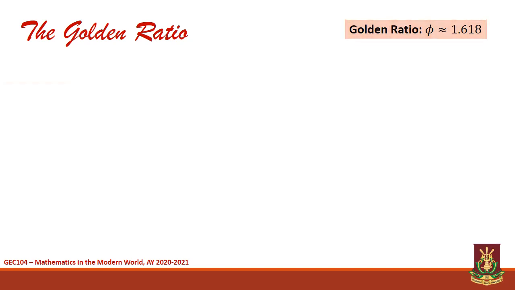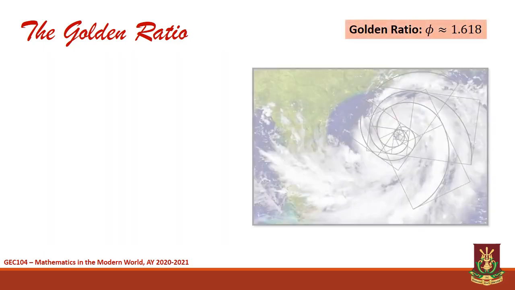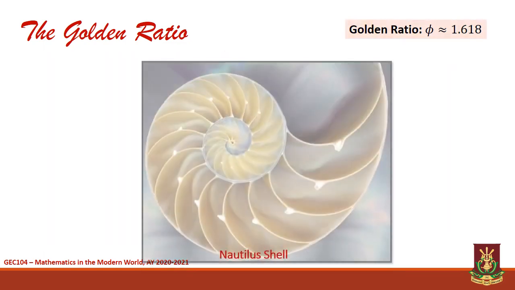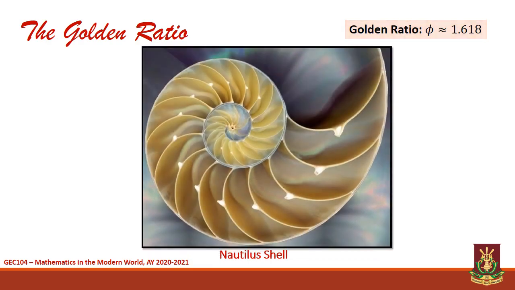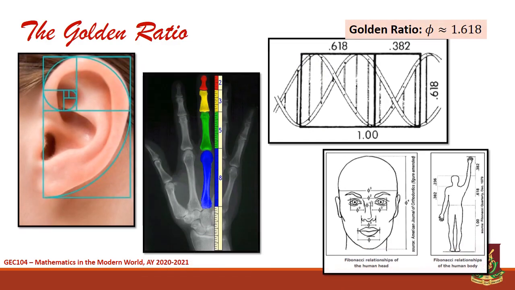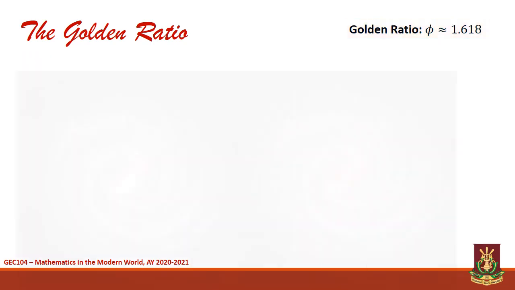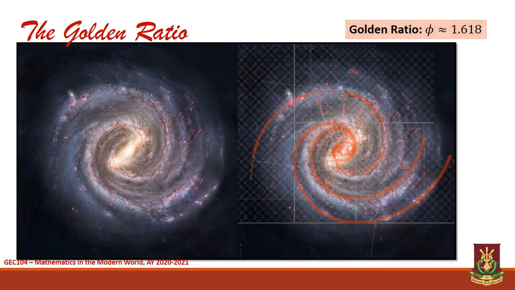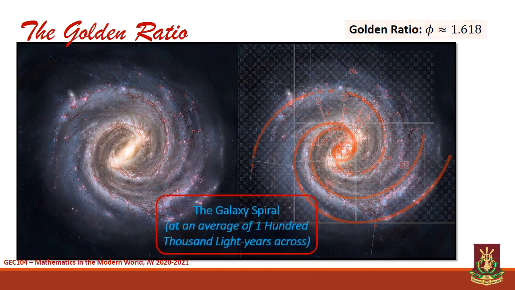Other notable examples are the waves in the ocean, the weather systems, and especially the Nautilus shell. We can also see the Fibonacci numbers and spiral as well as the golden ratio in different parts of the human body. But the greatest occurrence of these numbers can be seen directly above us. At an average of 100,000 light-years across, even the galaxies follow the same pattern that was observed in our previous examples.